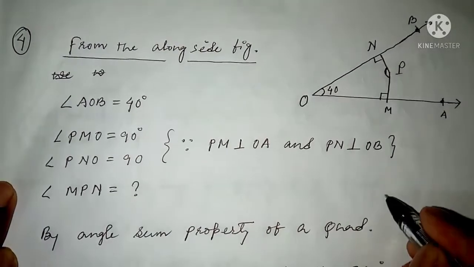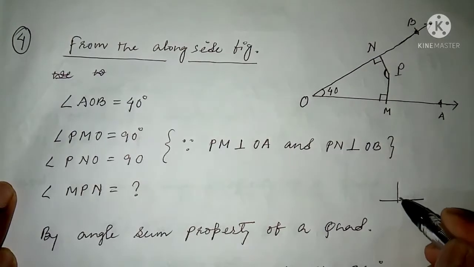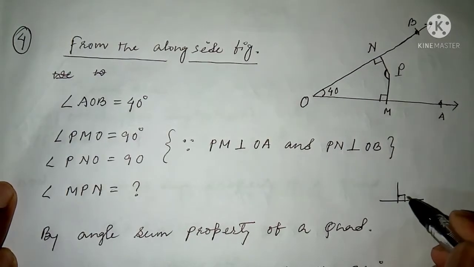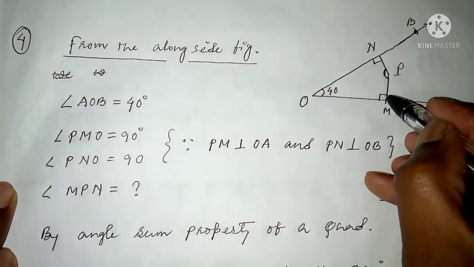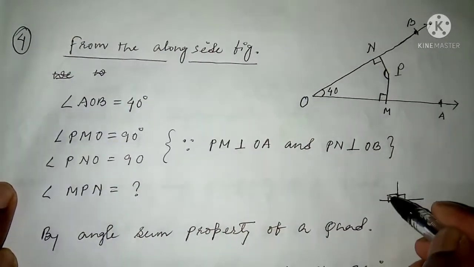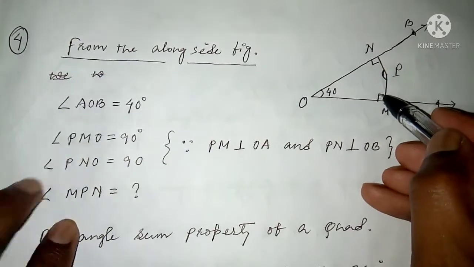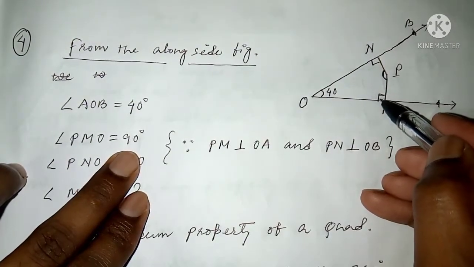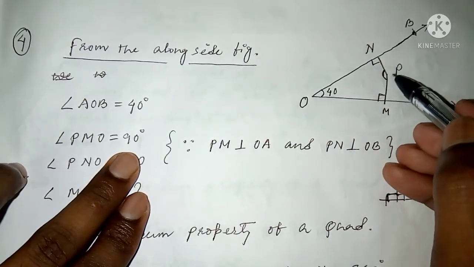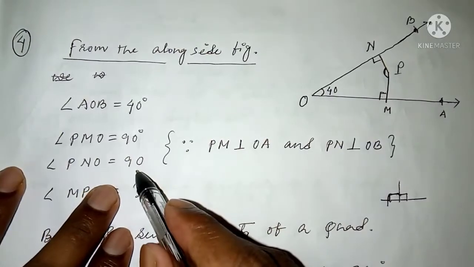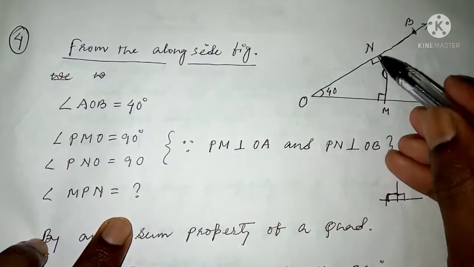If we have a line here and over this a perpendicular, then this is 90 degrees and this is also 90 degrees. This interior angle is denoted by this symbol, so I'm writing PMO equals 90 degrees. In the same way, PN is perpendicular on OB, so angle PNO will also be 90 degrees. And we are asked to find angle MPN.